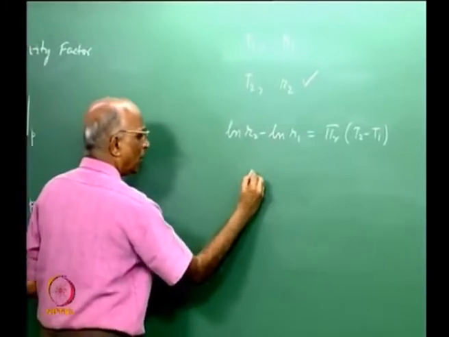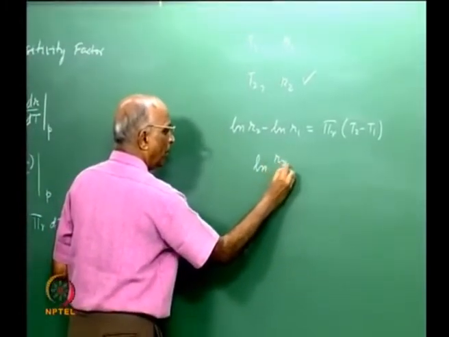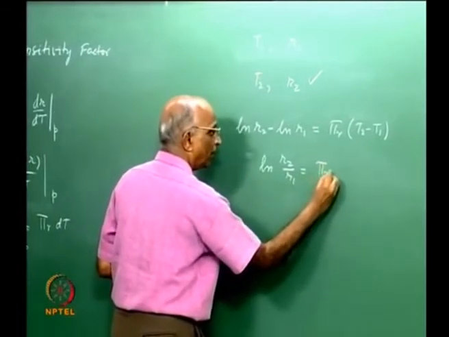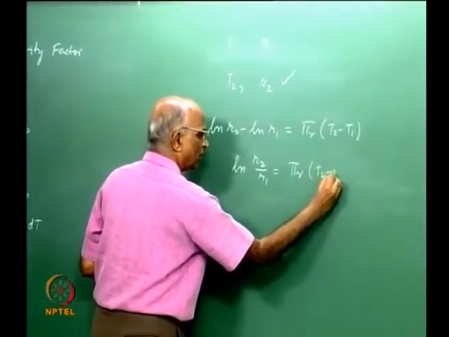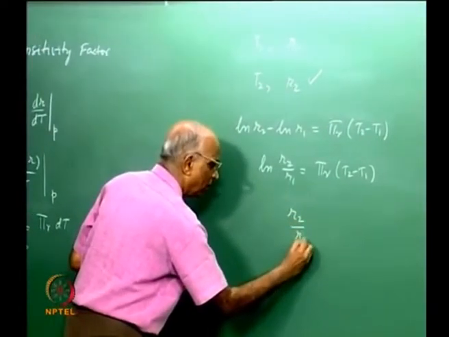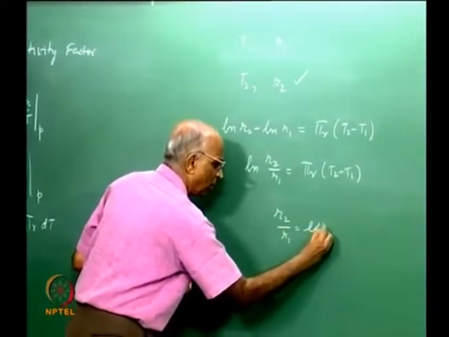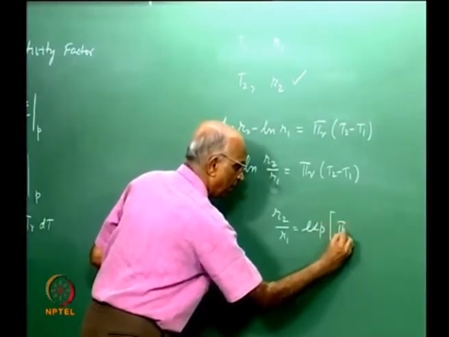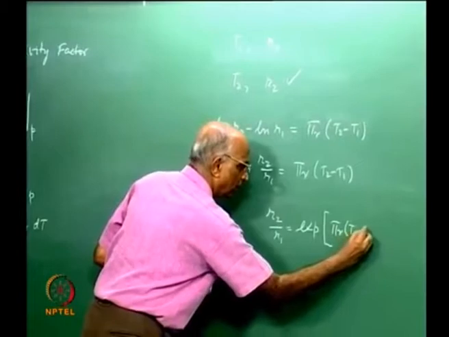Ln R2 minus ln R1 is ln of R2 by R1, so R2 by R1 is equal to e to the power of pi r into T2 minus T1.